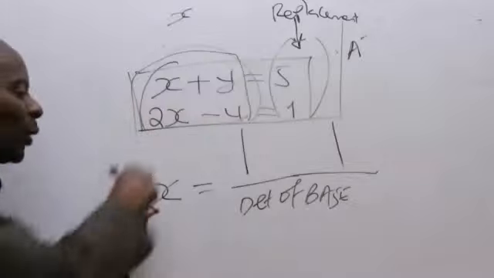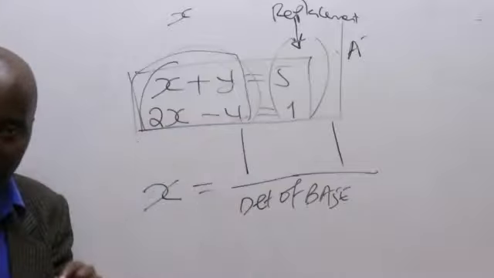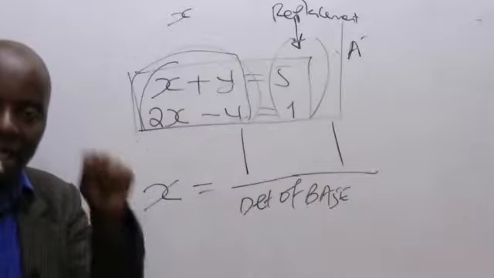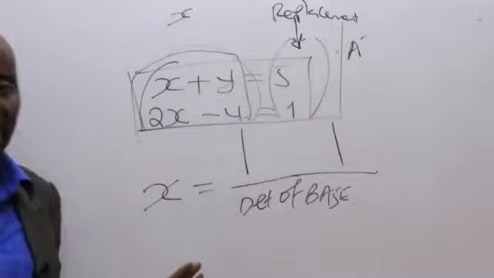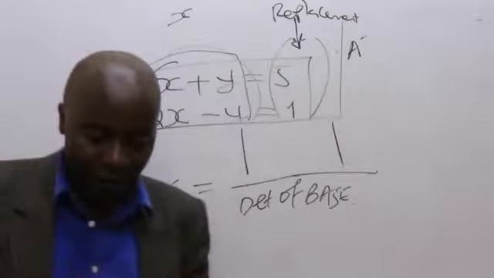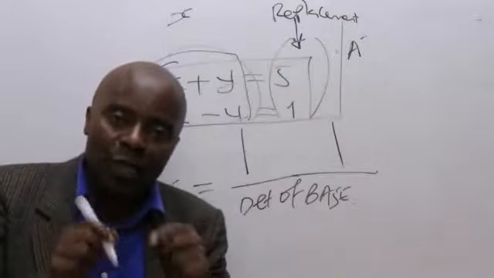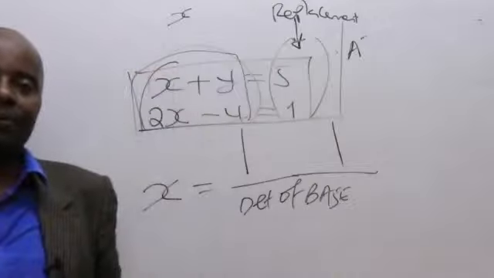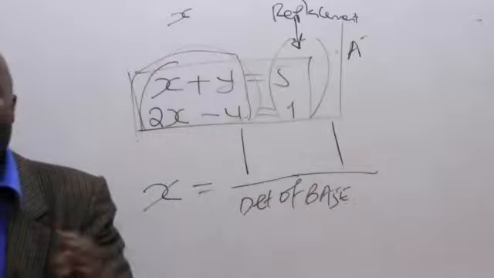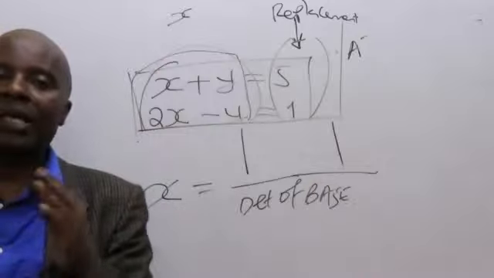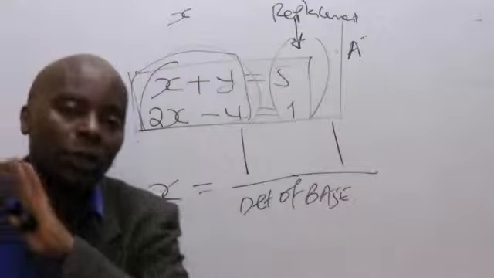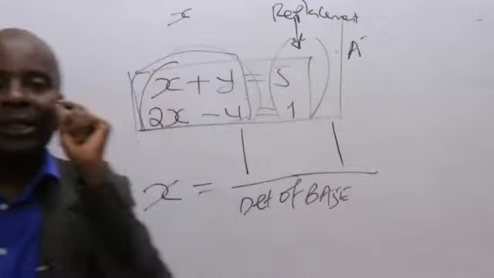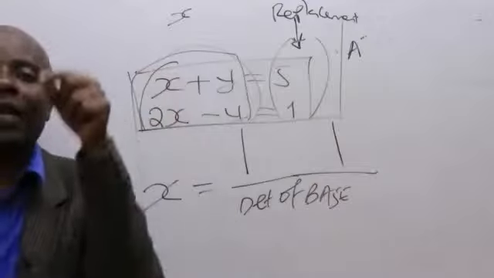If I want to get x, the column of x must disappear. If I want to get y today, the column of y must disappear. Where it goes to, I don't want to know. The most important thing is that I have a replacement.